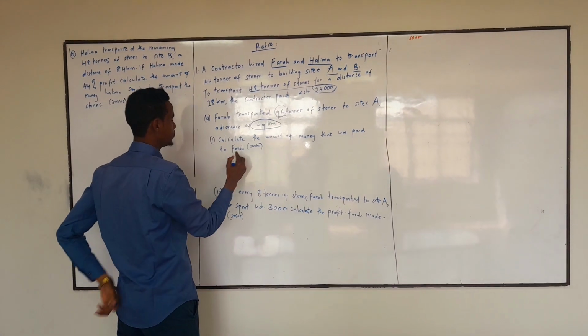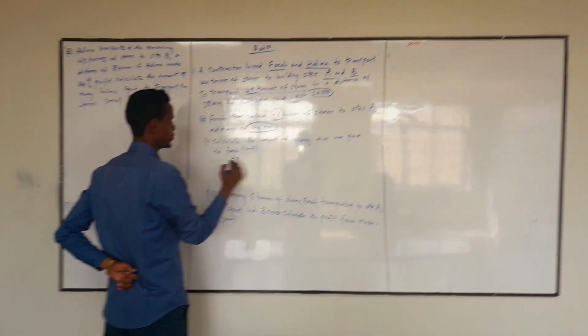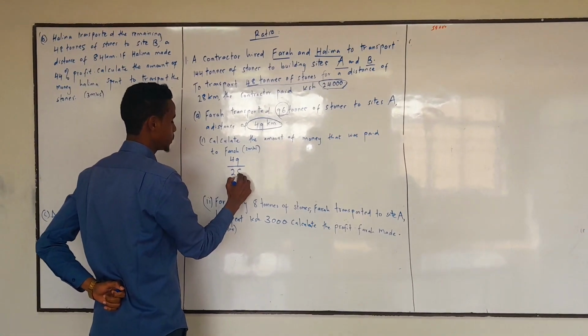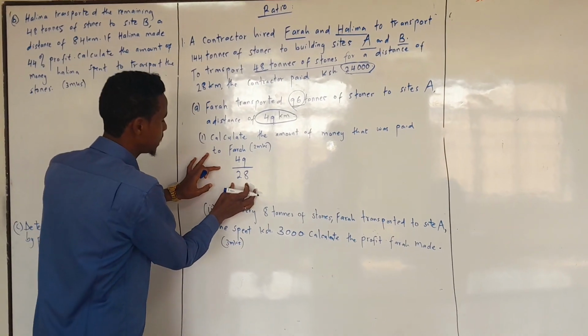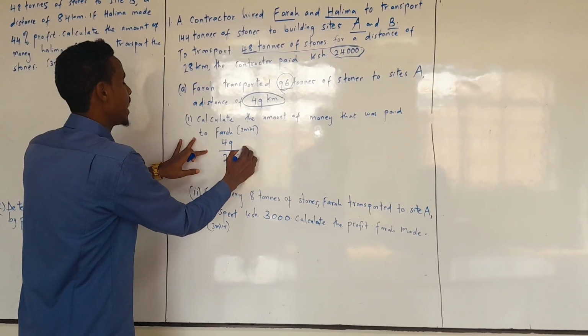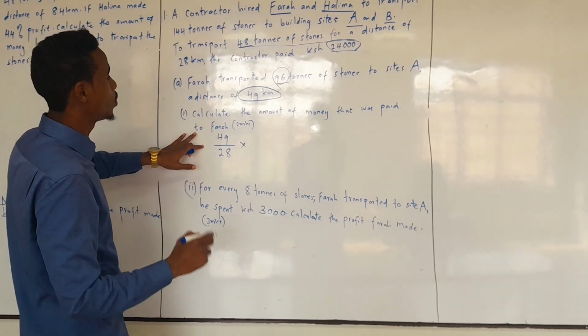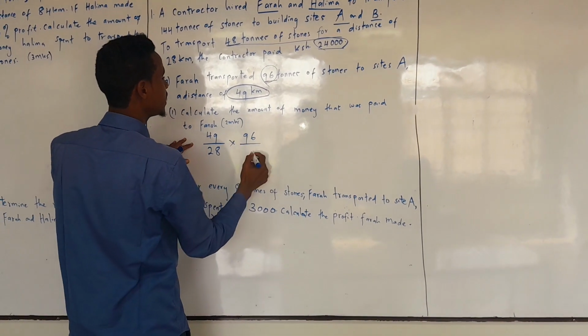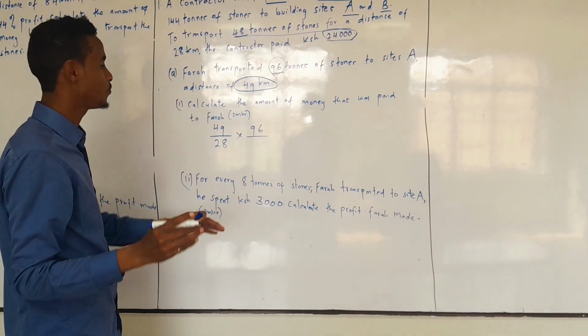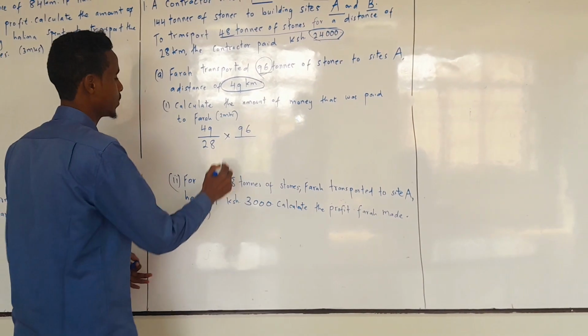Now we divide 49 kilometers by 28, because the charges were based on covering a distance of 28, and again we multiply by the number of tons he carried, that is 96 tons, divided by 48 tons, for which there was a fixed charge.